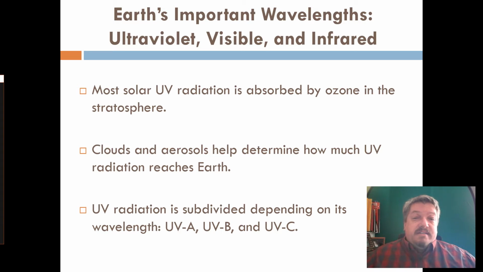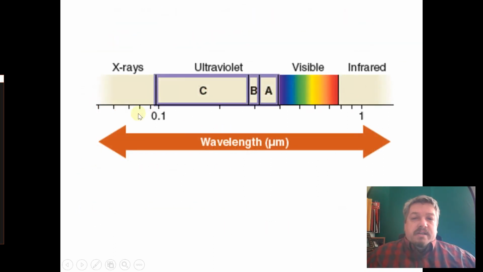Or causing cancer. That is mainly absorbed by the ozone in the upper atmosphere, so we don't really have to worry about it too much. But how much we actually get also depends on the atmosphere. Not only the ozone, but if there's a lot of clouds or aerosols, because those can actually reflect it. So again, when we look at this ultraviolet radiation, or UV, right here, C, B, and A, this is the stuff that we can't see but can be very damaging.